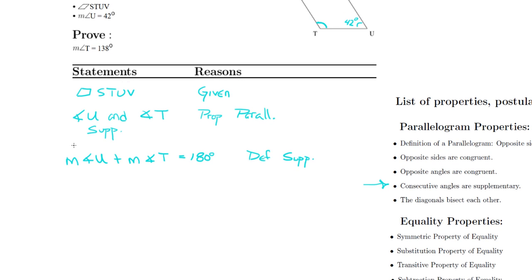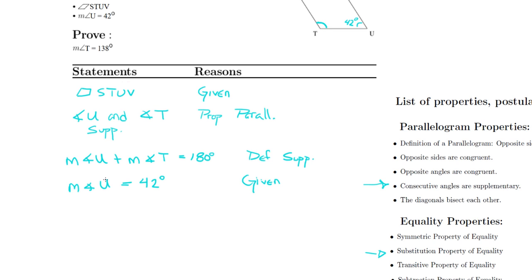But what other information do I need? We need the fact that measure U is 42 degrees. Okay, so that's given. That's a given information. And now we're going to use an equality property that we didn't use last time, which is the substitution property of equality.